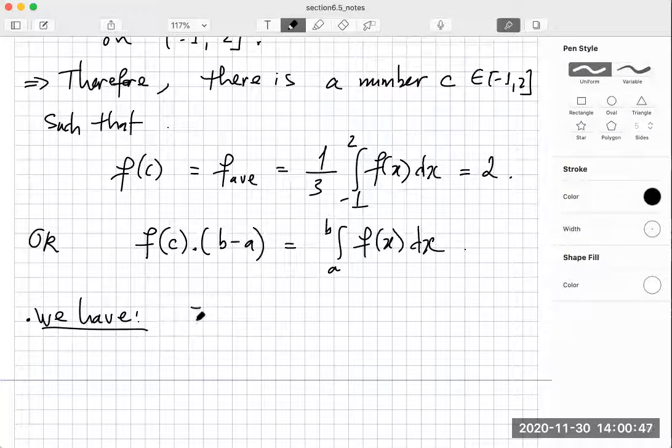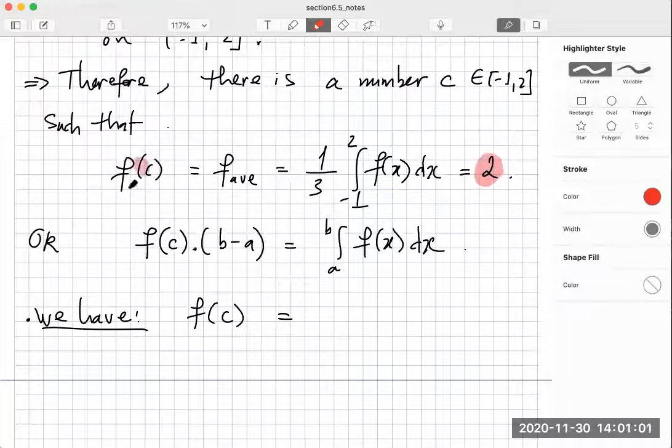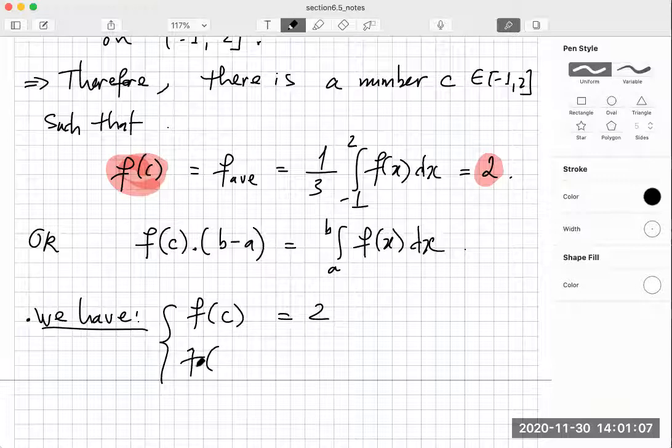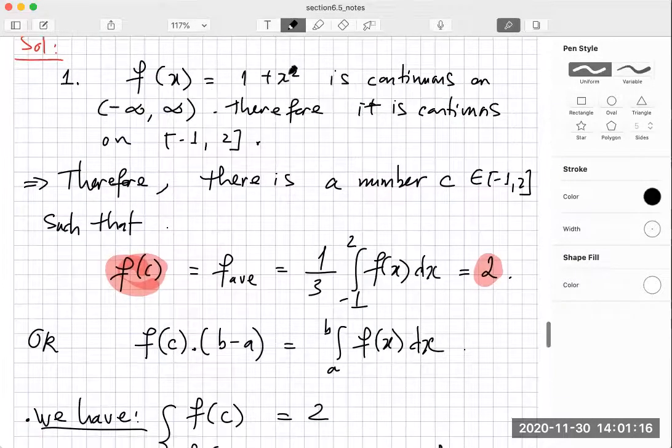So what is f of c? 2. Yes, from this, we know that f of c is 2. Very good. That is one thing. Anything else from the formula? Here, this is the formulation of f of x, right?